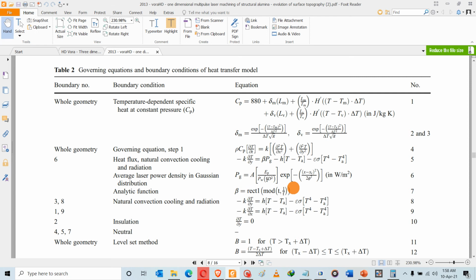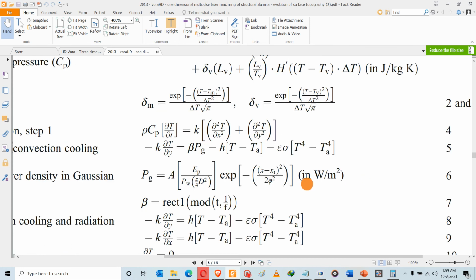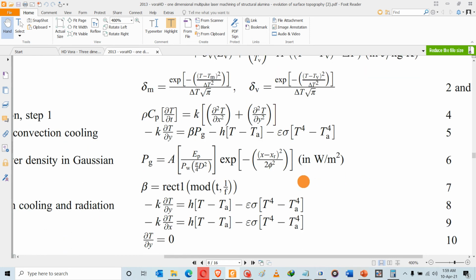So we're going to start with a continuous wave laser beam, meaning we're not going to insert this function yet. So what we're going to do is to try and insert this. So here you have the Gaussian pulse, Pg. It is equal to the absorptivity multiplied by the energy density.